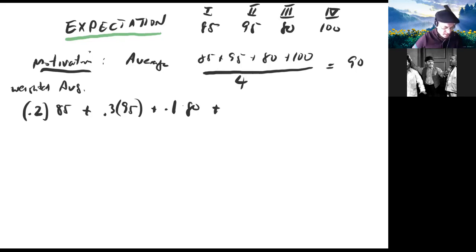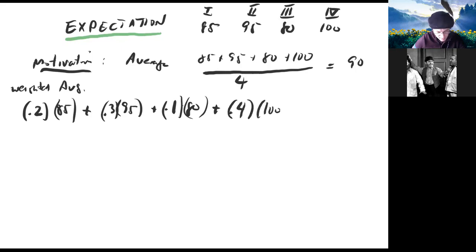And then I add to that, so what's left over, I've covered 60% of your grade, so I have to take 0.4 times 100. And that would be the weighted average. And what is it? If you calculate, it gives 93.5, the weighted average, which is different from the average.